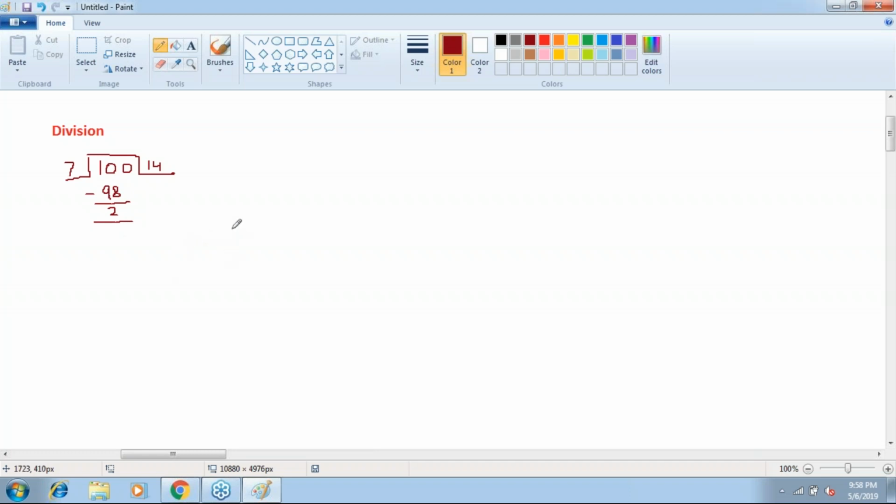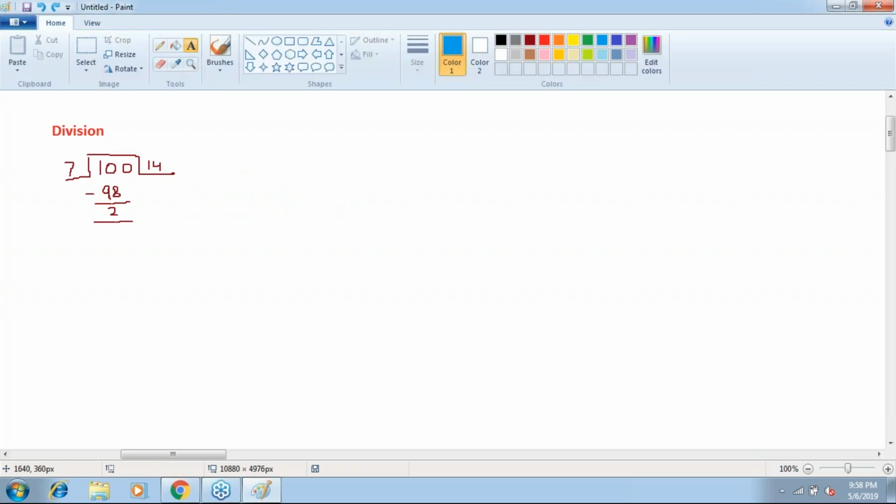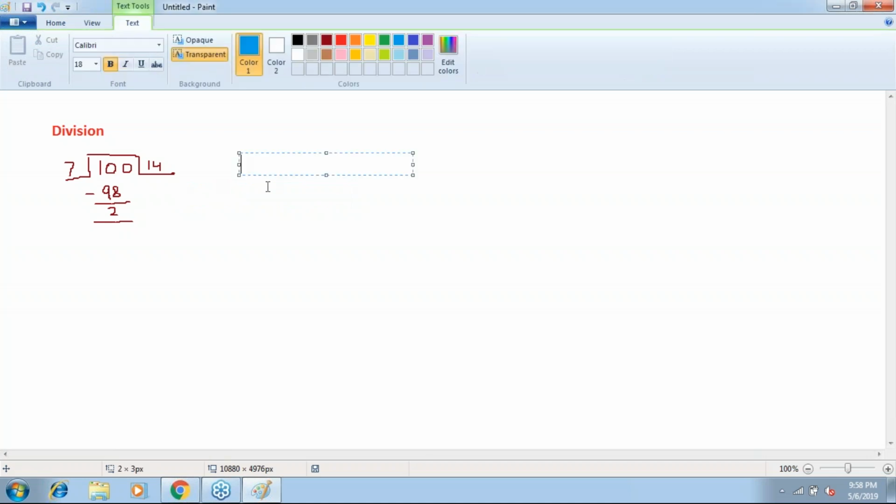Okay, so let us do the naming thing first. 7 is called the divisor. 100 is called the dividend, or simply the number.